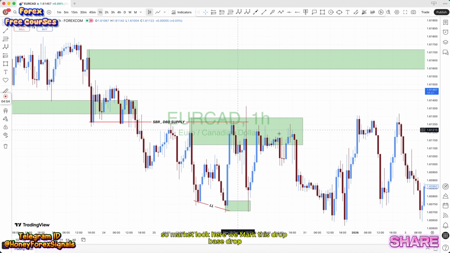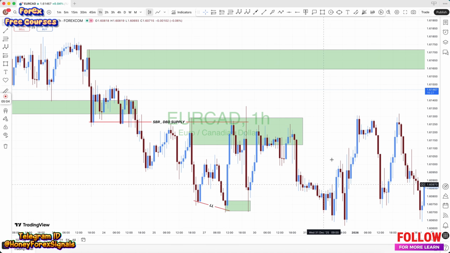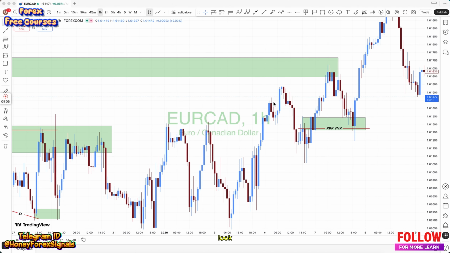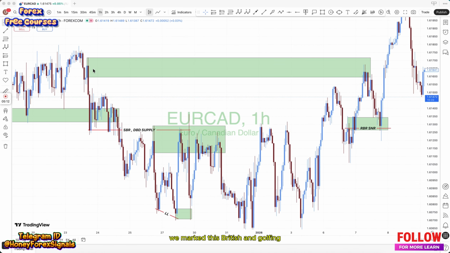So market, look here, we mark this drop base drop bearish engulfing supply zone. So it retested many times and went down. Look. We mark this bearish engulfing.